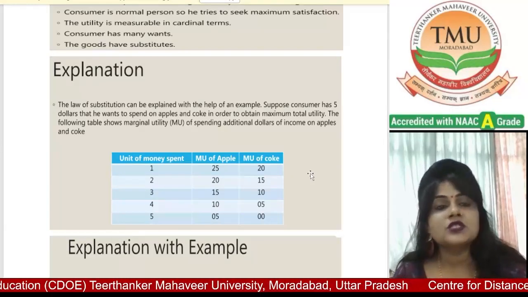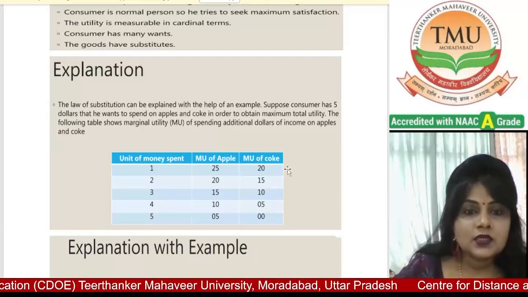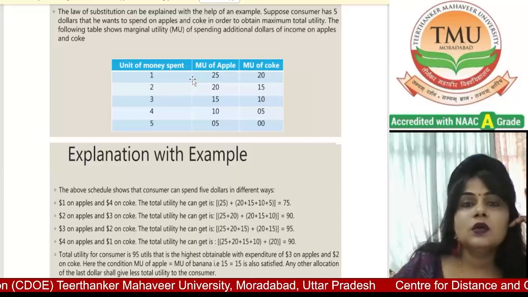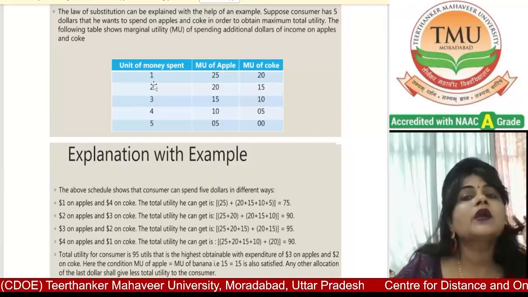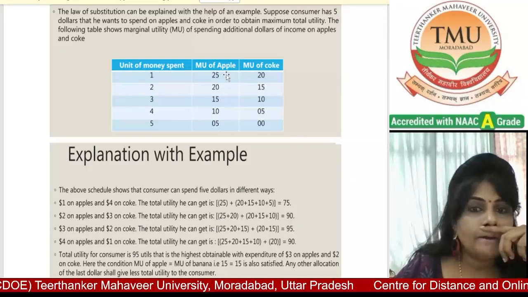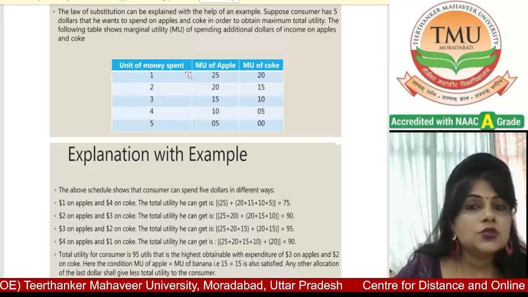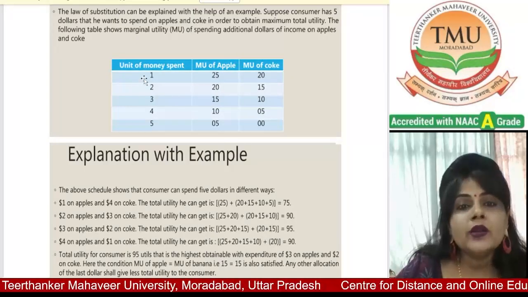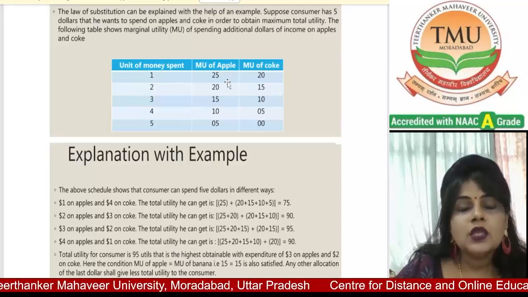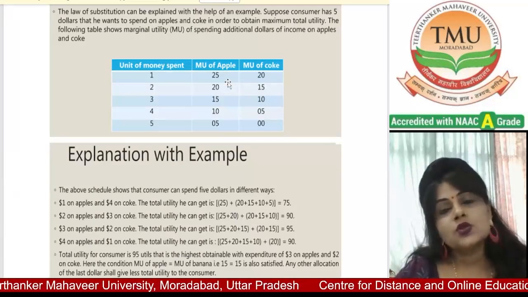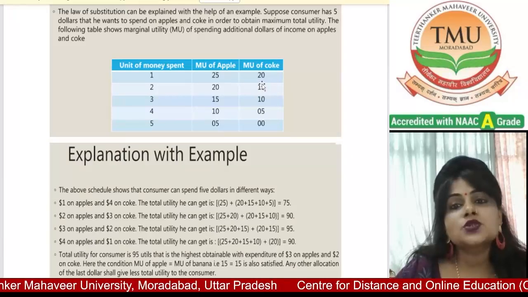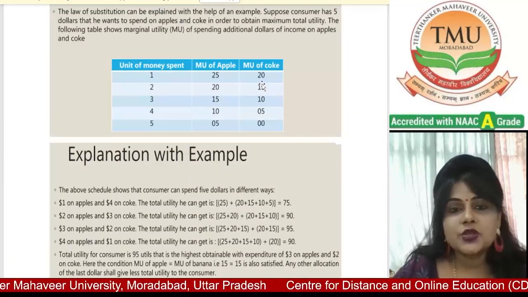Now, I should also explain this. For each unit of money spent, if $1 is spent on apples, the marginal utility of apples is 25. If the consumer spends $1, he gets 25 utility, and from the coke he gets 20 marginal utility.